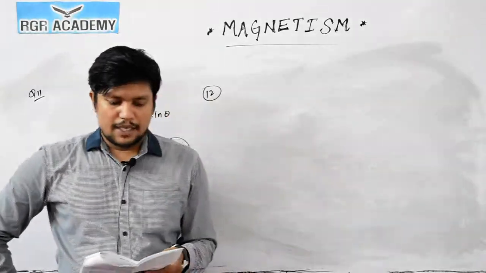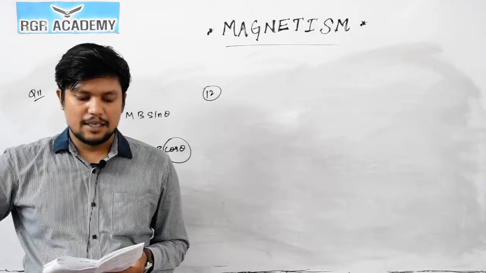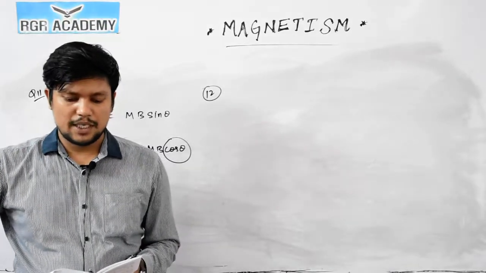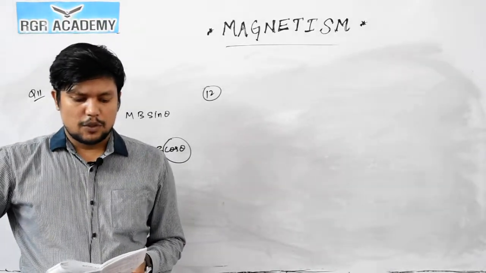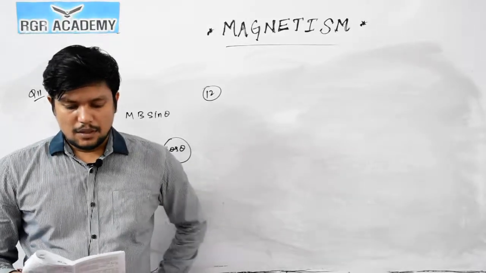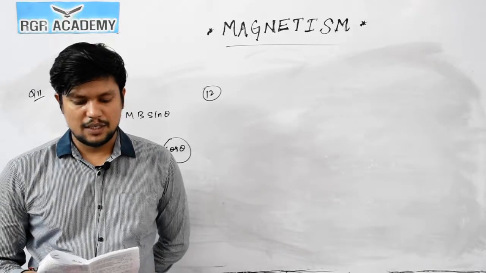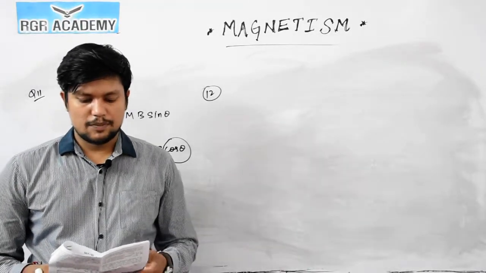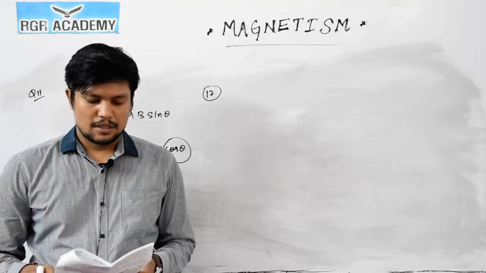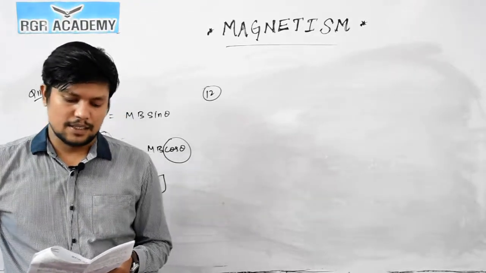A very small magnet is placed in the magnetic meridian with its south pole pointing north. The null point is obtained 20 centimeter away from the center of the magnet. If the earth's magnetic field at this point is 0.3 Gauss, the magnetic moment of the magnet is, okay.